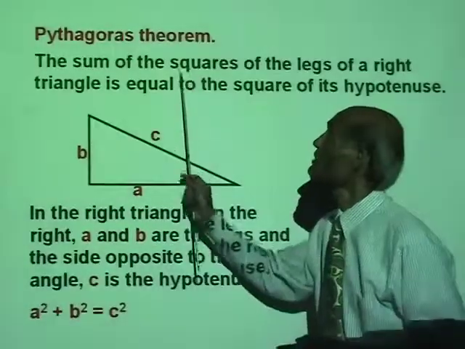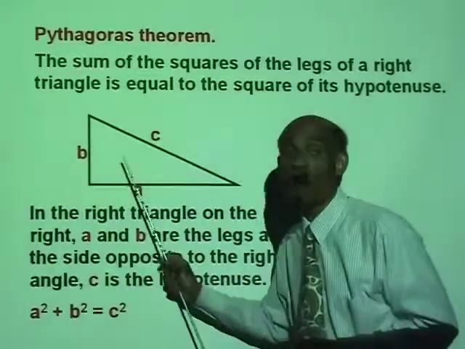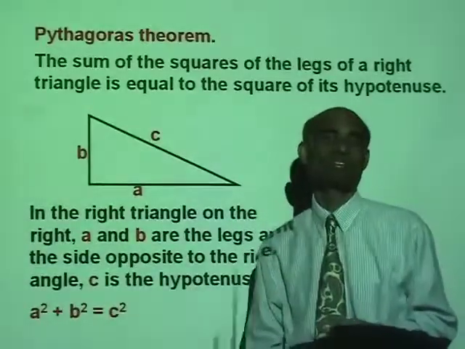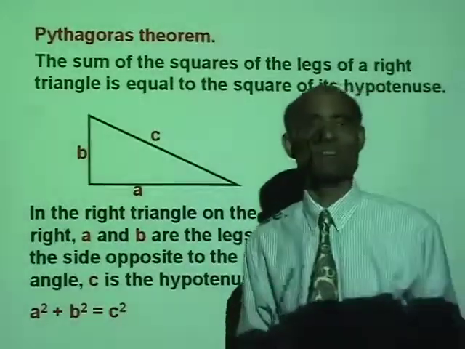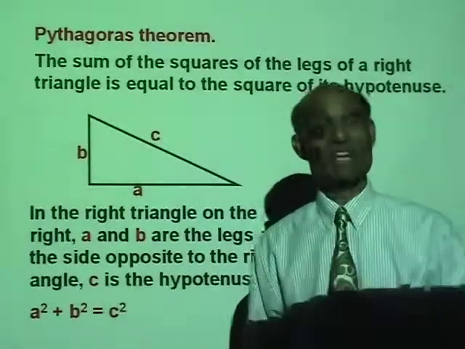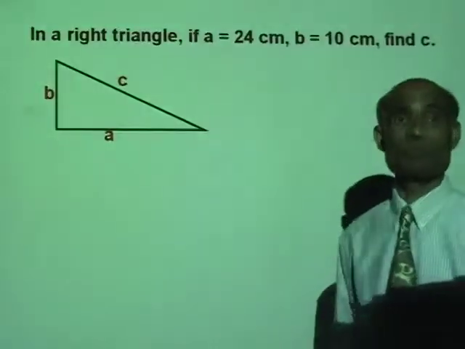That means the theorem says if you add the sum of the squares, A squared plus B squared should be equal to C squared. That is the Pythagoras theorem. Alright, let's use the Pythagoras theorem to do a small problem.